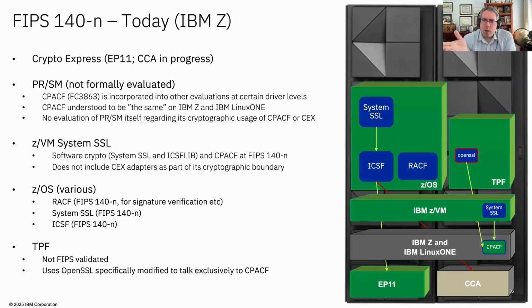But the various crypto libraries in the FIPS space, again much smaller than evaluating the whole product, will communicate to CPAC-F. They may talk amongst themselves in the case of z/OS. They may talk to the Crypto Express adapters, and we try out some of these paths to make sure that we have a FIPS validated context up and down the stack.